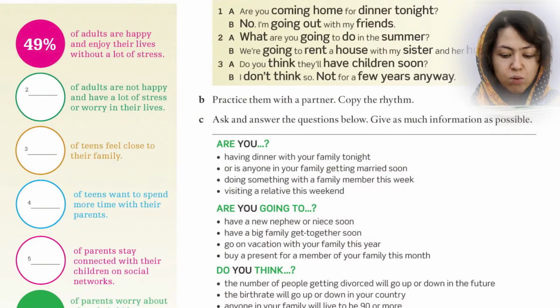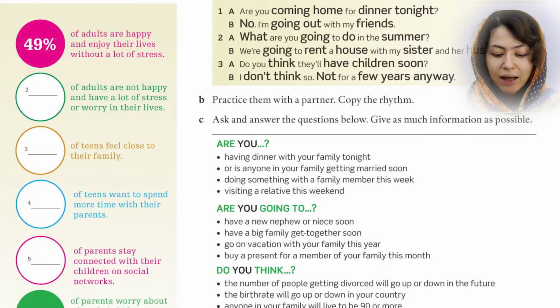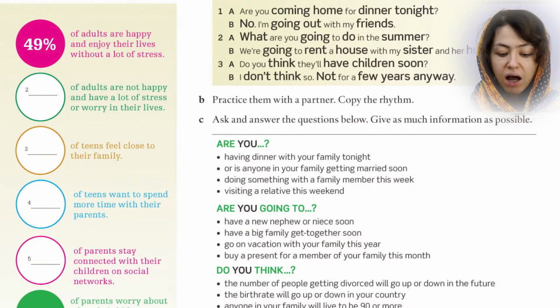Or, is anyone in your family getting married soon? Or doing something with a family member this week. Are you doing something with a family member this week? Are you visiting a relative this weekend? So again, you can activate that.